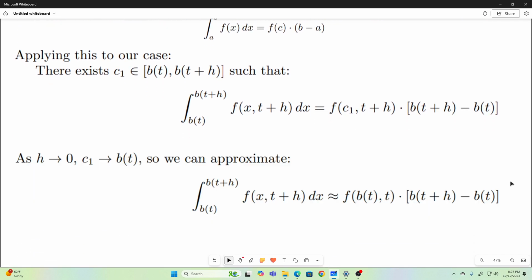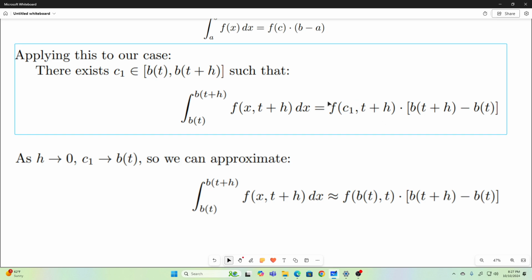So, we can just say that the integral from b of t to b of t plus h of f of x and t plus h is more or less equal to f of b of t comma t times b of t plus h minus b of t. Because don't forget, this C1 is crammed on this interval that is infinitesimally small, since h is going to 0.